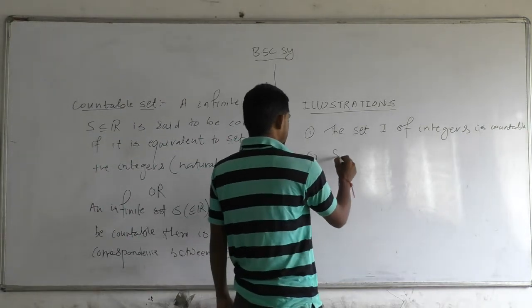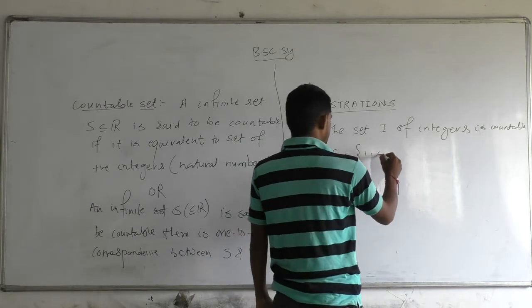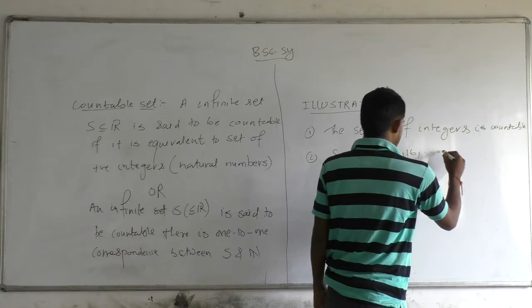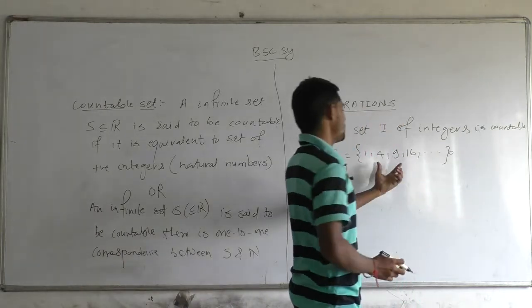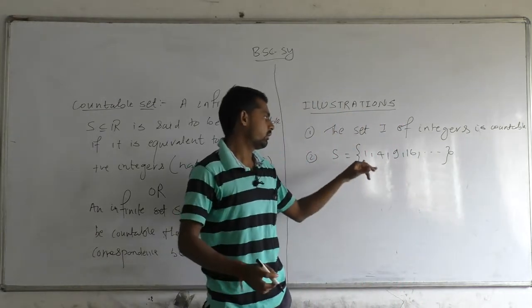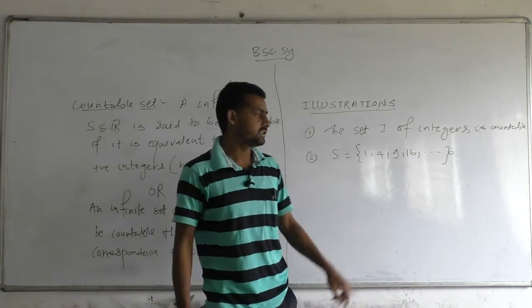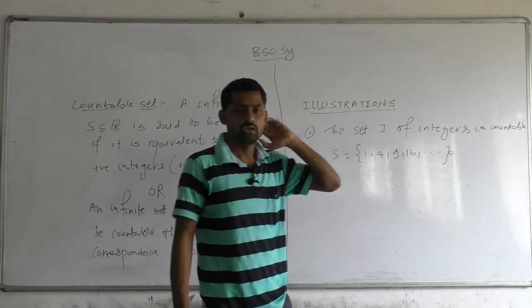Second, S is nothing but 1, 4, 9, 16 and so on. That is the squares of all natural numbers. Square of 1 is 1, square of 2 is 4, square of 3 is 9, square of 4 is 16, square of 5 is 25, like that.